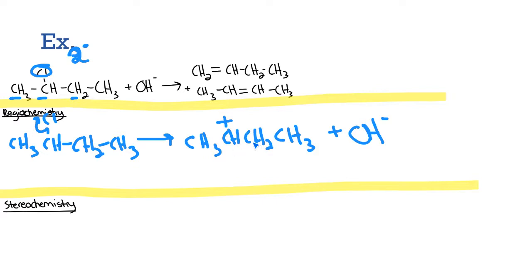Again, we'll get into this later, but this cannot rearrange, because if I moved any of these hydrogens, it wouldn't give me anything above a secondary carbocation. But we'll get into that more later. So this hydroxide can take a beta hydrogen here or here. Like we already said, the double bond here will make the more stable product. So the hydroxide will more favorably take one of these hydrogens instead of this one, because that will give me the double bond in the middle here.